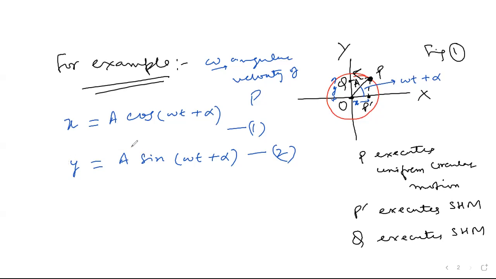And also you know that these two oscillations correspond to one uniform circular motion. These two SHMs have the same amplitude, and that is equal to the radius of the circle, which is A in this case. They have the same time period because the frequency is same, but they are out of phase by 90 degrees because equation 1 involves cos, equation 2 involves sine, right?